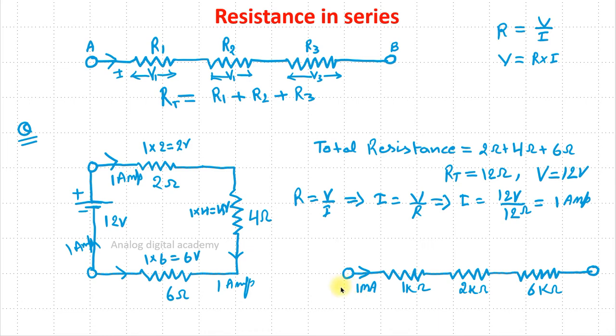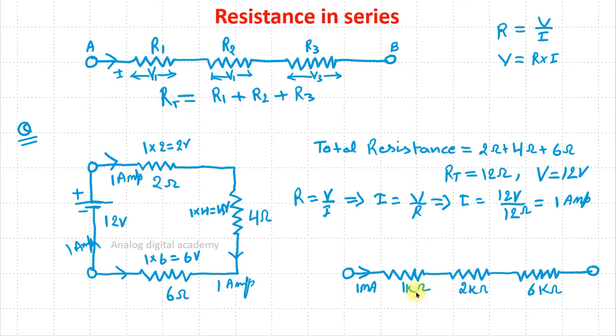Now we will discuss the 1 milliampere current and series combination of resistance. So here is the 1 milliampere current, and here are 1 kilo ohm resistance, 2 kilo ohm resistance and 6 kilo ohm resistance. What will be the voltage across these resistances?